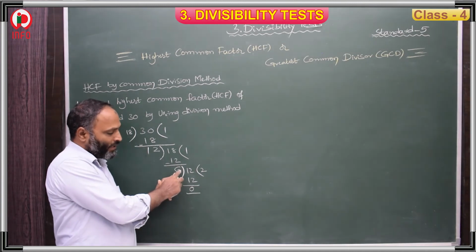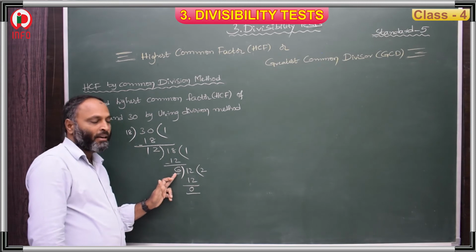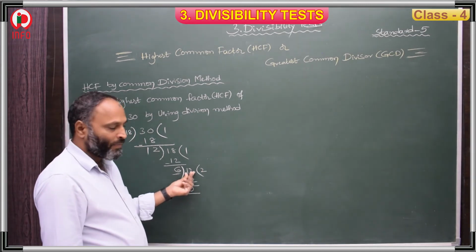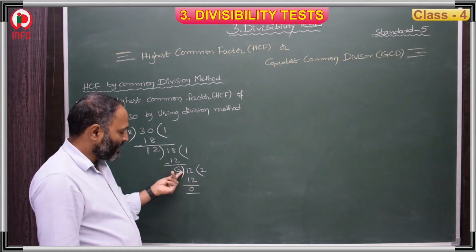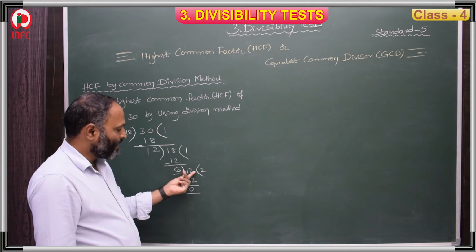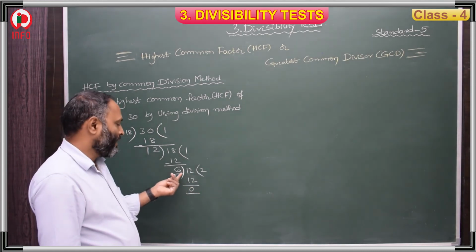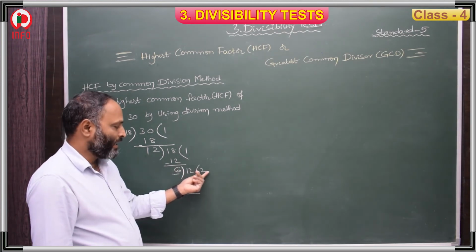Again this second remainder divides the second divisor. Second divisor, that is 6 twos are 12. This is the dividend, 12 is the dividend. This is the divisor, and this divisor makes this dividend 0 as a remainder. This is the divisor, this is the dividend, and this is the quotient.